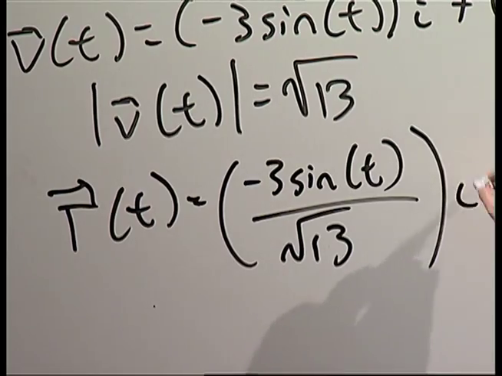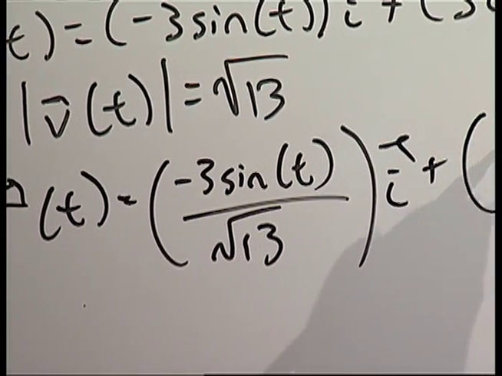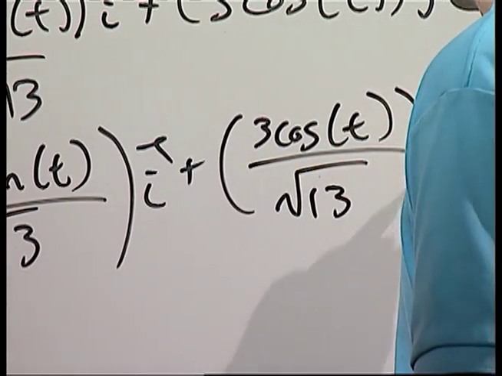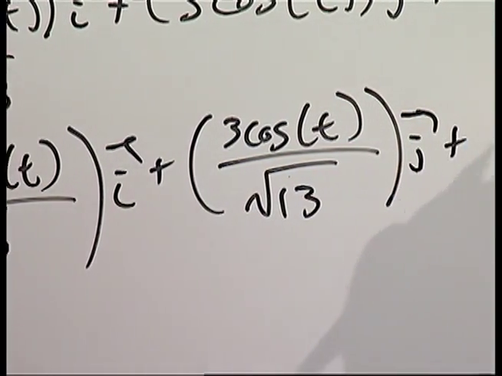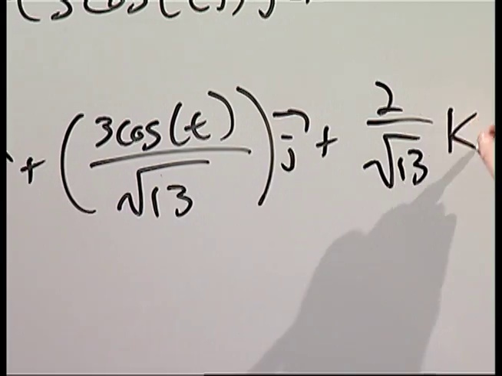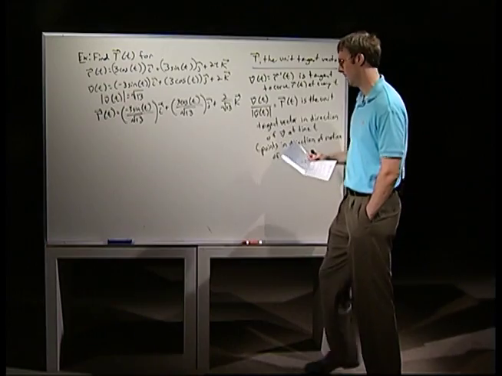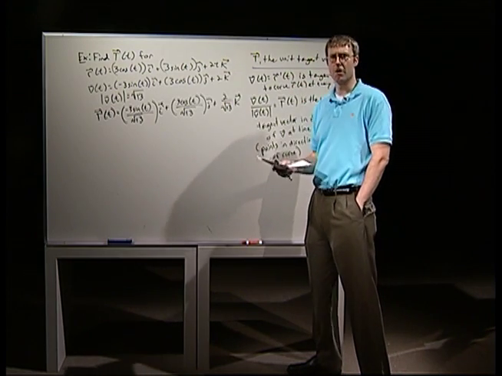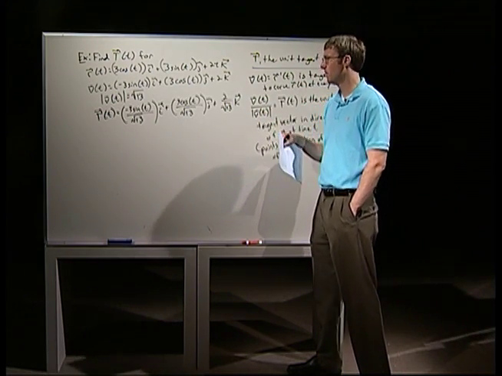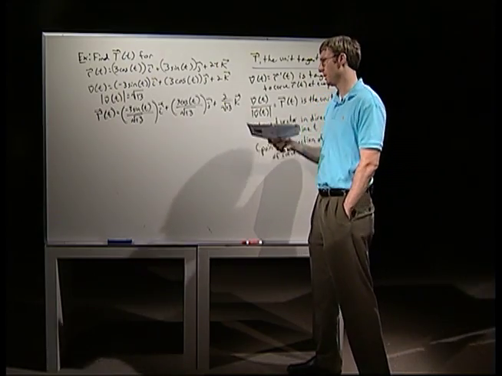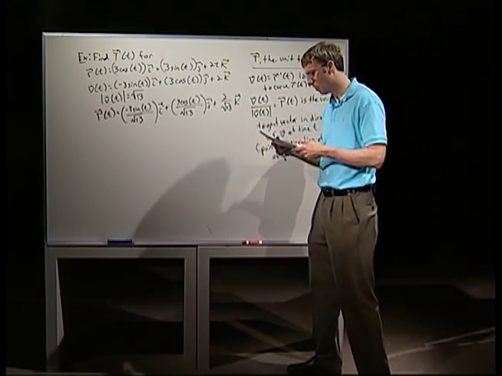I'm just dividing through component by component. And this thing is a unit vector tangent to the curve at every point t, which will point in the forward direction, in the direction of motion with increasing t at every point. Okay, that's it.